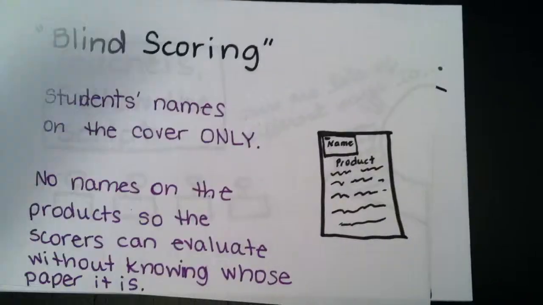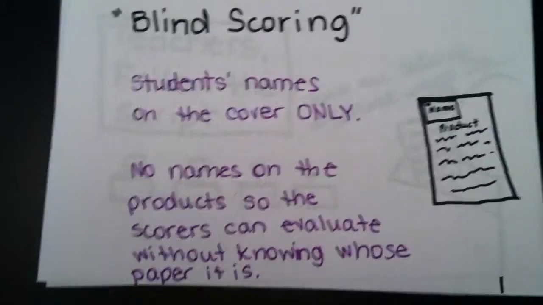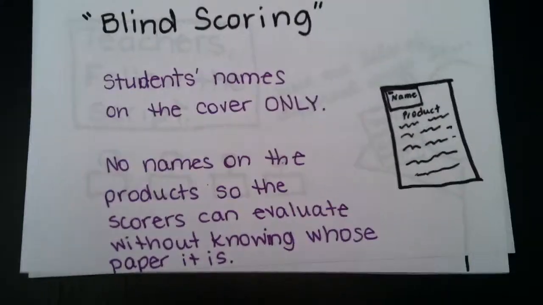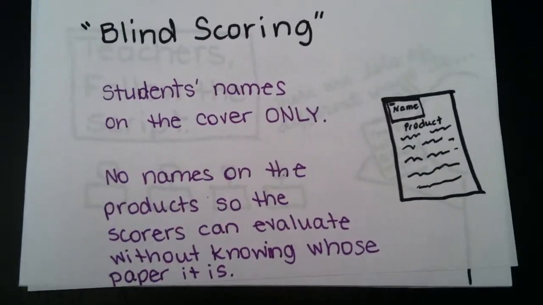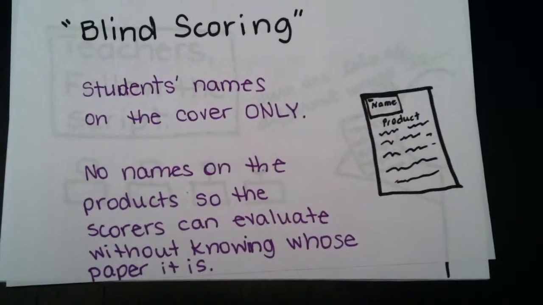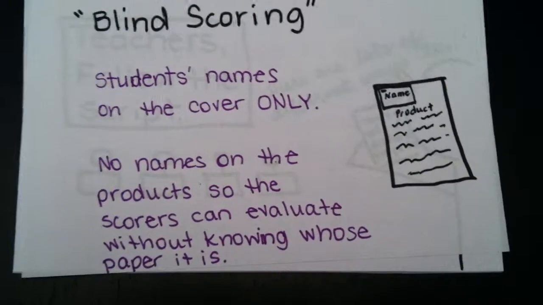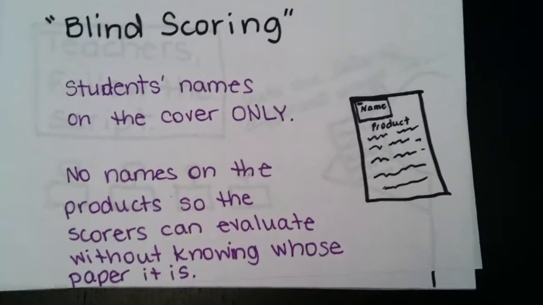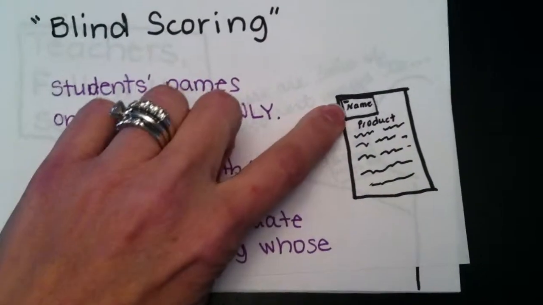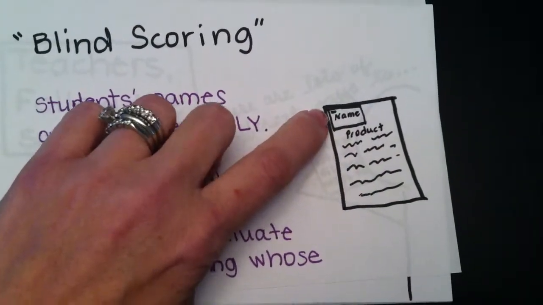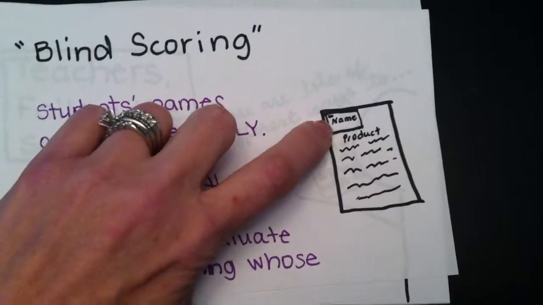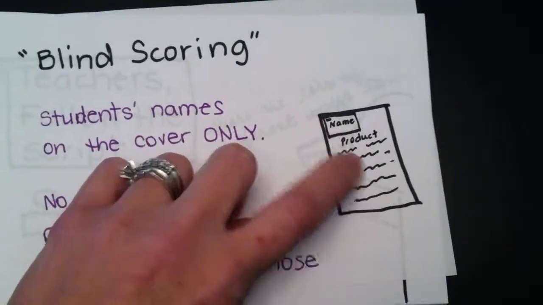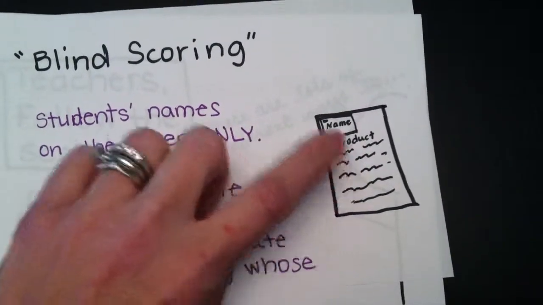The student's work is scored through a process called blind scoring. In other words, the scorers don't know whose work they're looking at when they score the student's work. Students' names go on the cover only or on a rubric attached to their product, not on the actual product.